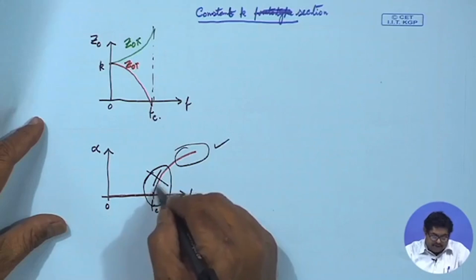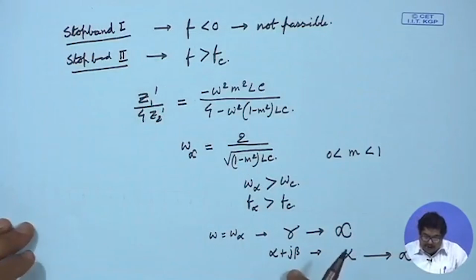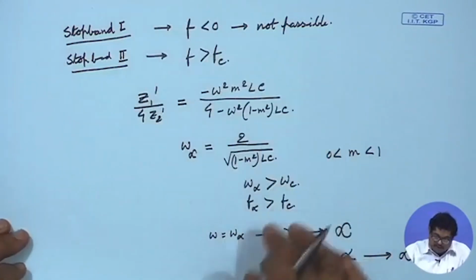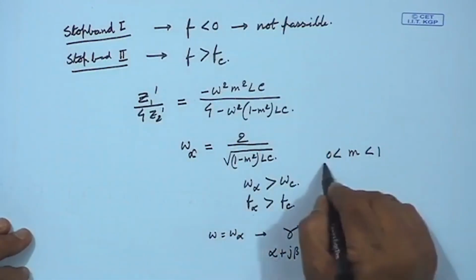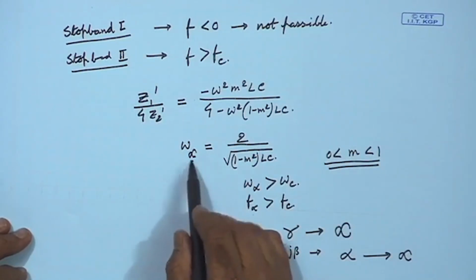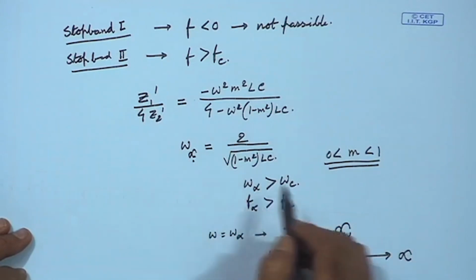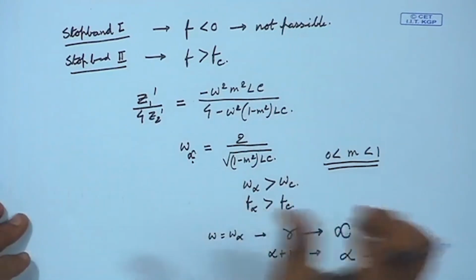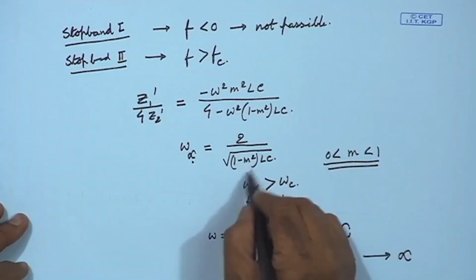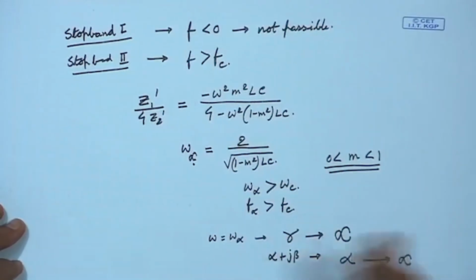I do not have sufficient alpha, but I see here that I can place a pole very near to f c, because I can control that by choosing this parameter m. Where f infinity is with respect to f c is in my hand, because I can play with this m value and put it anywhere.